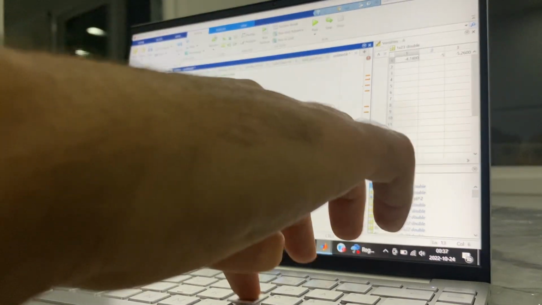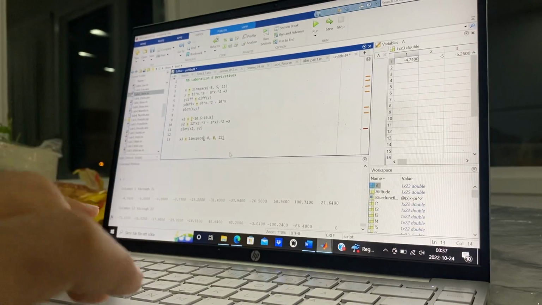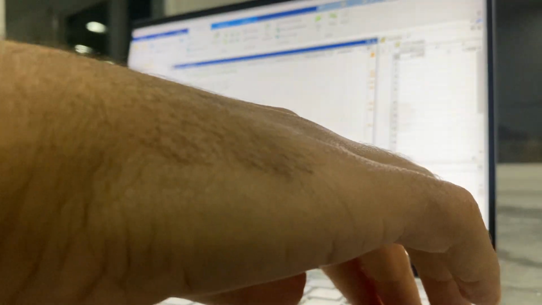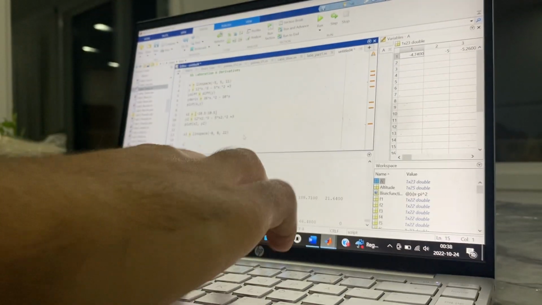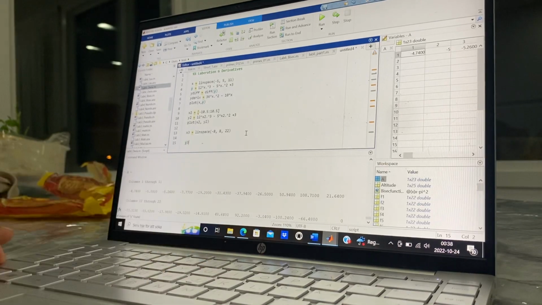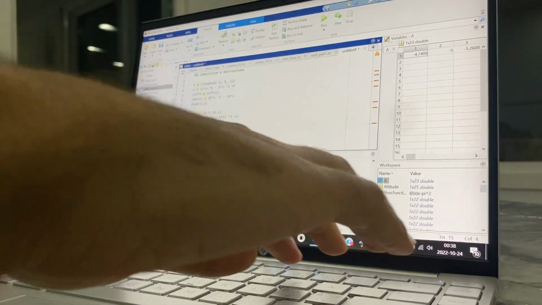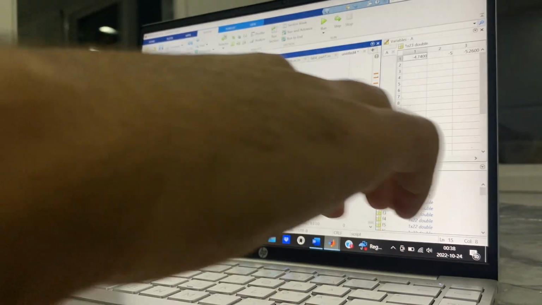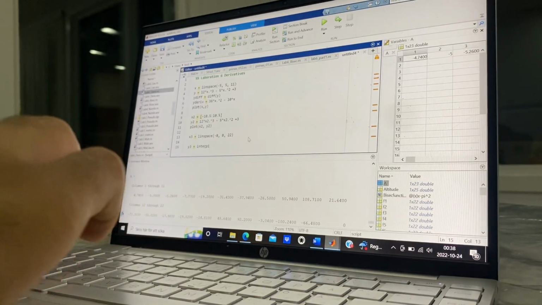Sorry, I forgot linspace here. So it's 22 numbers between minus 8 and 8. And the y3, I'll call this y3, is the interp1 function that I'll use in it.